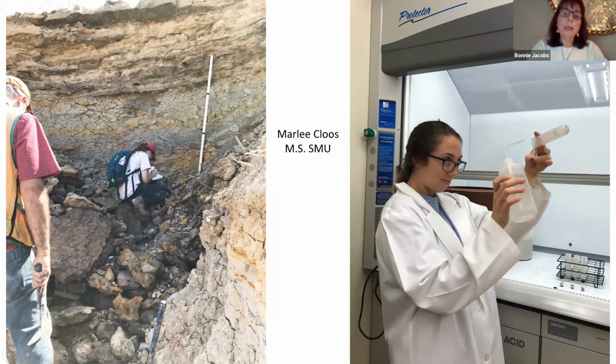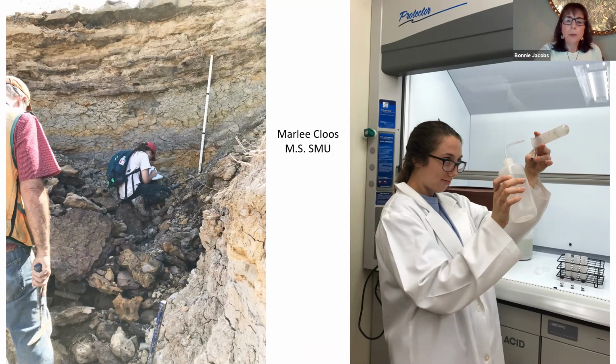The way you do that is you collect a fine-grained, hopefully organic-rich hand sample, and you take it back to the laboratory, which she is shown here on the right. You have to use a lot of harsh chemicals to separate the little bits of organic matter that will include your pollen and spores from the rest of the sediment. And that's what Marley is doing in this view here.